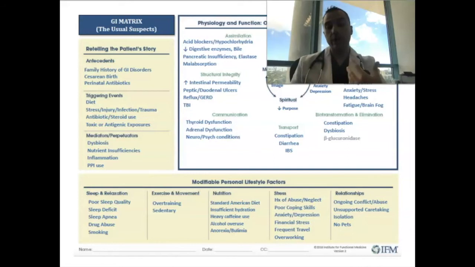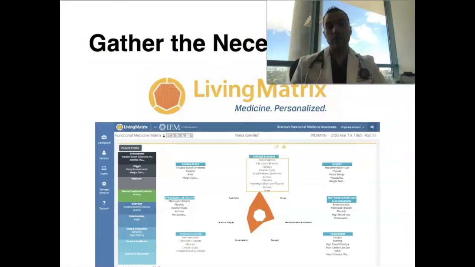What I do in our practice at Integra is we use a company that was created that allows us to have these things all electronically, and we call that the living matrix. One of the first things we'll do in our workup, after the free consult, is we generally send the living matrix, and this takes, depending on how sick you are, anywhere from an hour to figure out, and it'll give us a nice little printout like this.